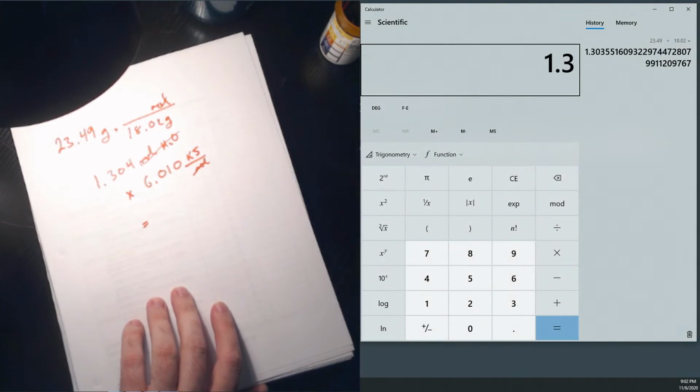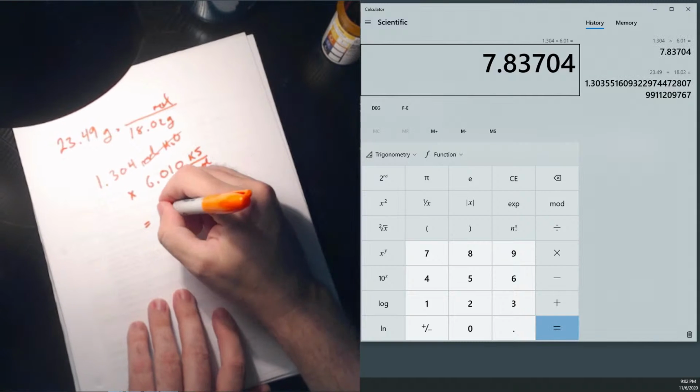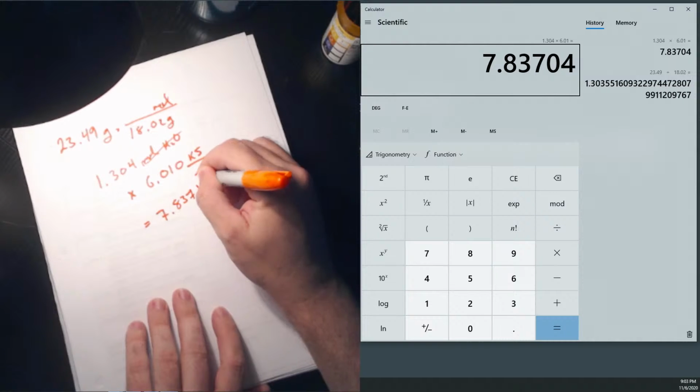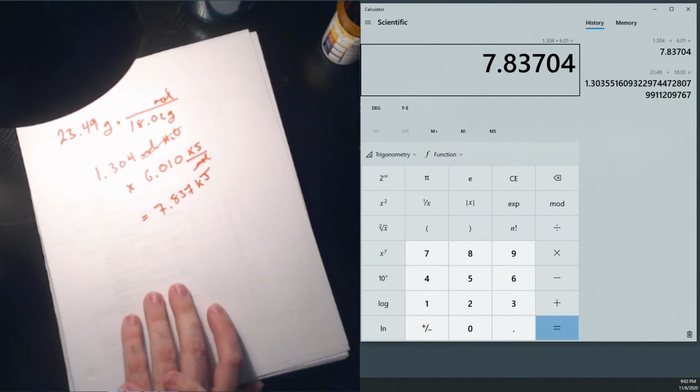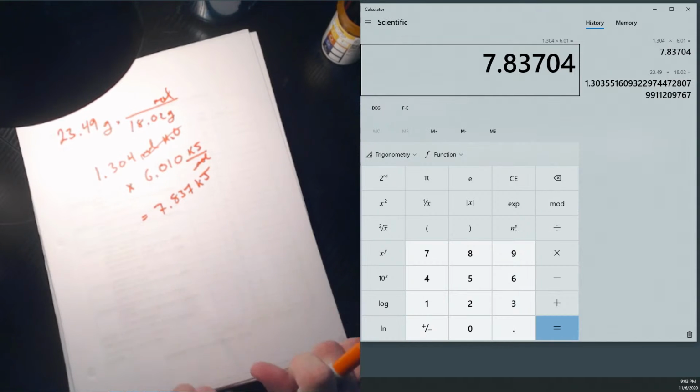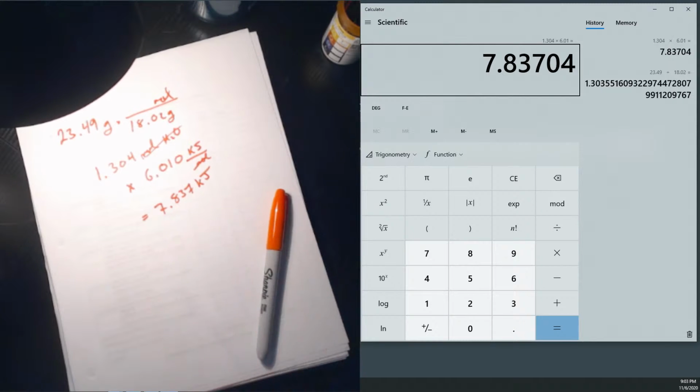So 1.304 times 6.010 is 7.837 kilojoules of energy to melt 23.49 grams of ice. All right, that is a pretty significant amount of energy.